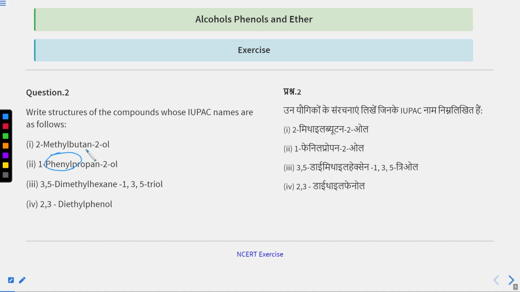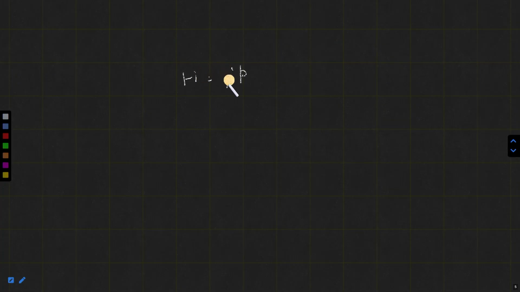1-phenyl, not methyl. 1-phenyl propane 2-ol. So first of all, we'll write the longest chain or the basic chain structure. So propane, therefore 3 carbons, 1, 2, 3.